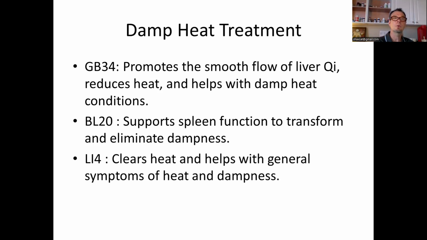Large intestine 4 clears heat and helps with general symptoms of heat and dampness. It's sending messages to the large intestine itself to try to dispel some of the dampness.